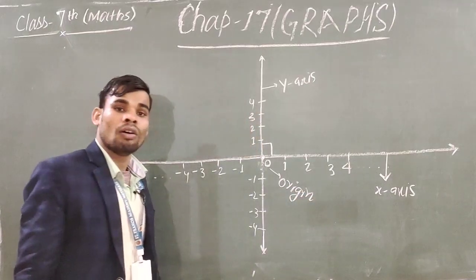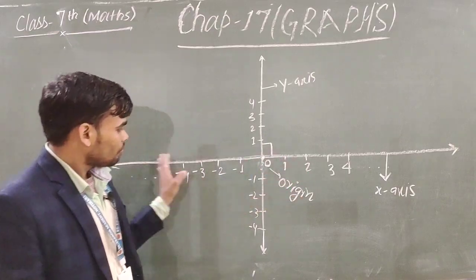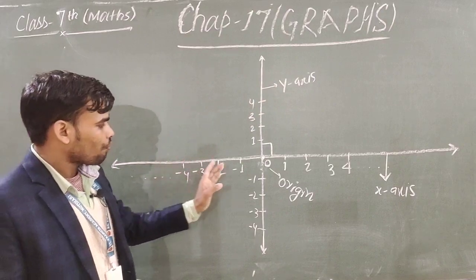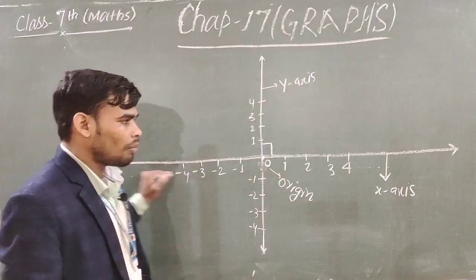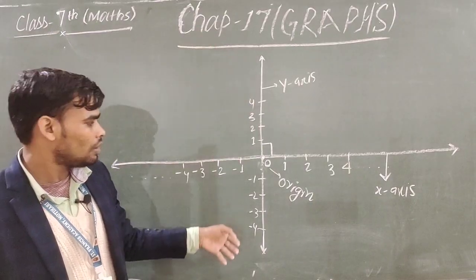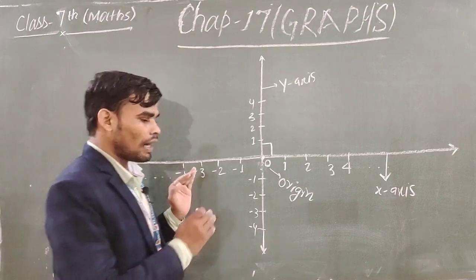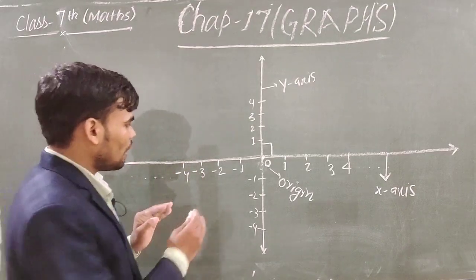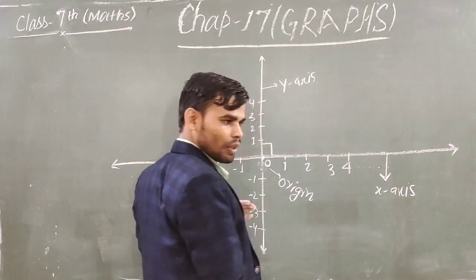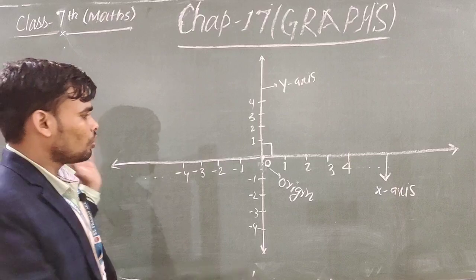One thing let me clear from here: on this plane, the horizontal number line is x-axis and the vertical number line is y-axis. Observe the horizontal number line. To the right side of 0 there are positive numbers and to the left side of 0 there are negative numbers.